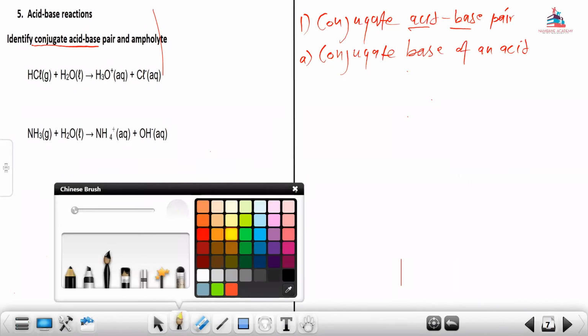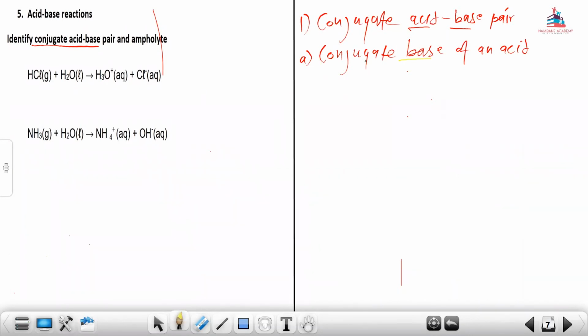So don't get lost. Let's understand this. It's a conjugate base of an acid. So I'm going to try and explain everything in terms of how one can fully explain the difference thereof. And how am I going to do this? Let me quickly get my pen.